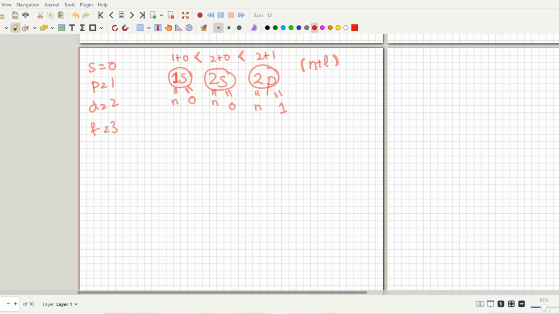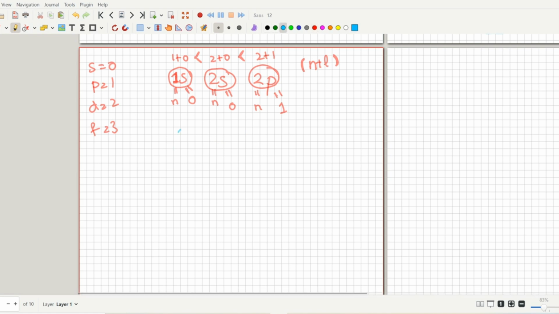You memorized a table when you were in high school. The table was 1s2, 2s2, 2p6, 3s2, 3p6. That table was given to you and you had to memorize it, but you don't have to memorize the whole table. There is a really easy way to memorize the table.